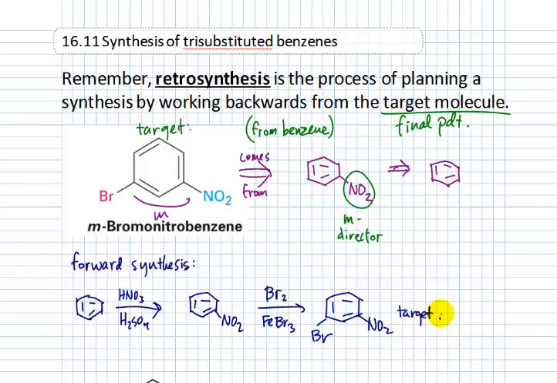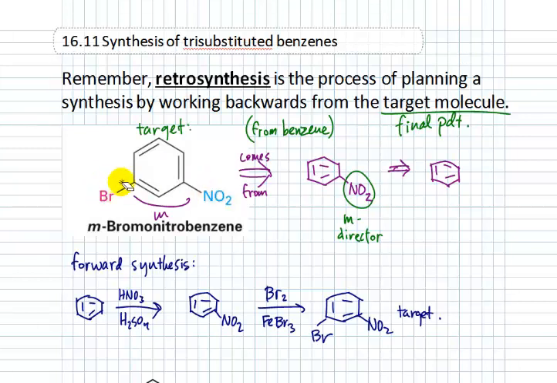Okay, so the trick to this is maybe just taking and covering each of these up with your thumb and thinking if I cover up this nitro and I have a bromine on that molecule, where would an electrophile go? Okay, and bromine would direct things ortho or para. That's not what we want. If I cover up this bromine and I have a nitro group on the molecule, that nitro group will direct things to go meta.